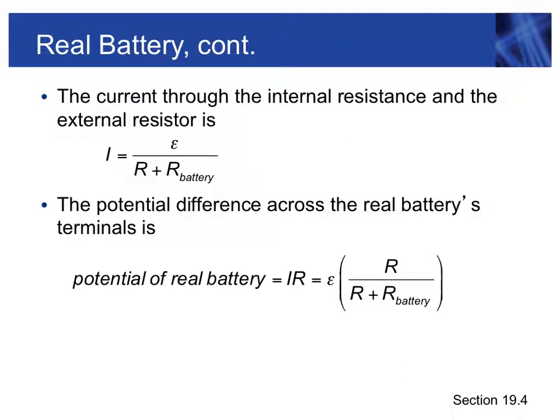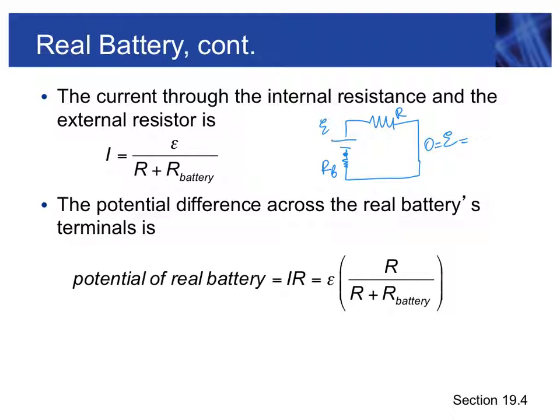So what's happening if we have a circuit with a battery, a resistance, and here is a small internal resistor of the battery? How do we solve the circuit? In a similar way, we have EMF, then we apply the Kirchhoff loop rule. Start at this point.